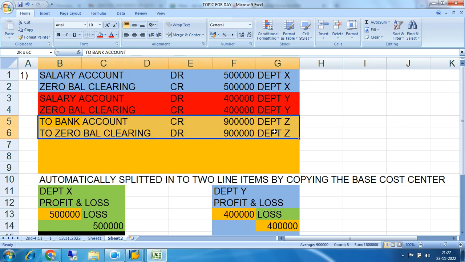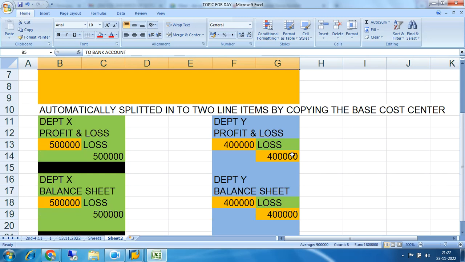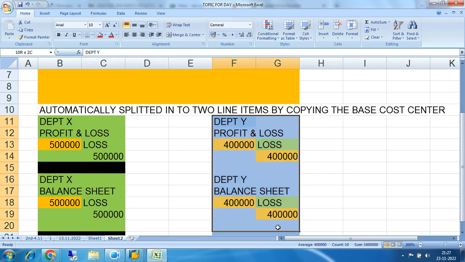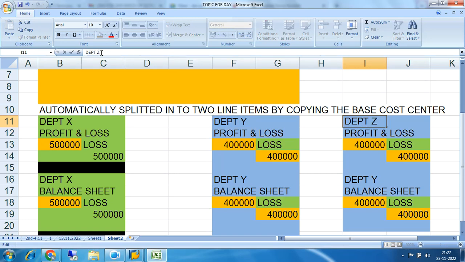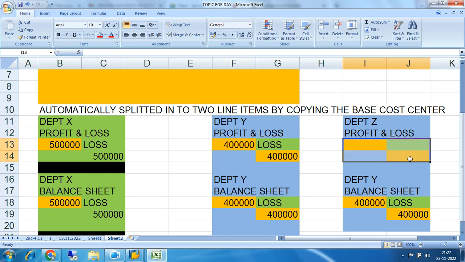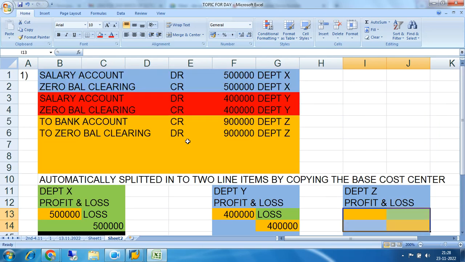In the department Z, in the profit and loss account there will be no entry. In the department Z, suppose I am passing this transaction, I am showing this transaction. This is department Z. Please let me understand what I am telling. I am trying to make you understand what is the use of zero balance clearing, because most of the users do not know what is zero balance clearing.